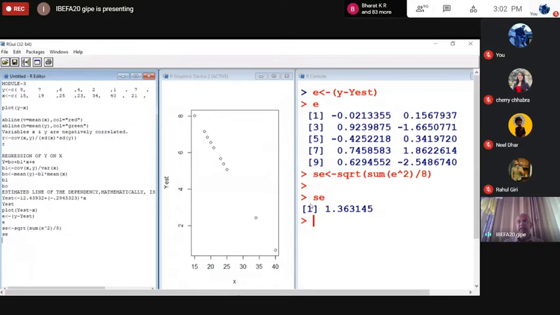So which is my line? B0, B1 plus E. What are they? Line plus deviation. That is actual data. How much deviation of the data from the line is E? Find out them. Yes, by the method of least squares.